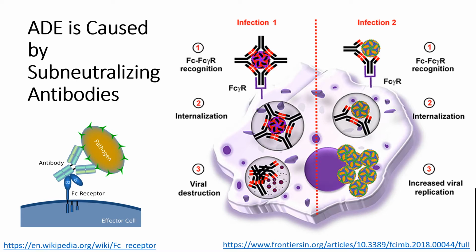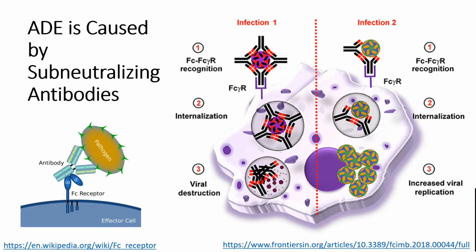But primary infection by one serotype makes neutralizing antibodies to target that serotype. But then when you get a secondary infection by a different serotype, those pre-existing antibodies do not neutralize the virus in the same way that they did with the first infection.